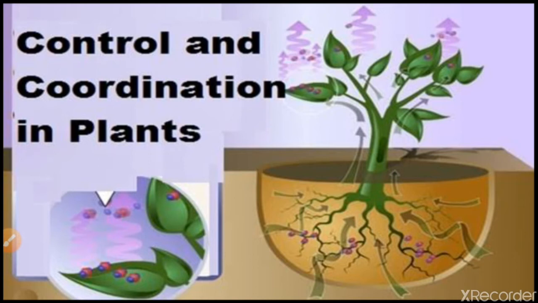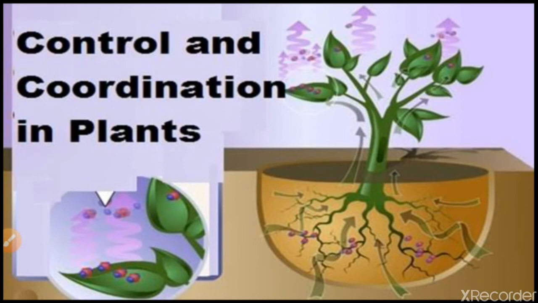But in the case of plants, with the help of hormones they just do their function, but the response is too slow. That means the plant responds to stimuli very slowly, so we can't see the movement of the plant.